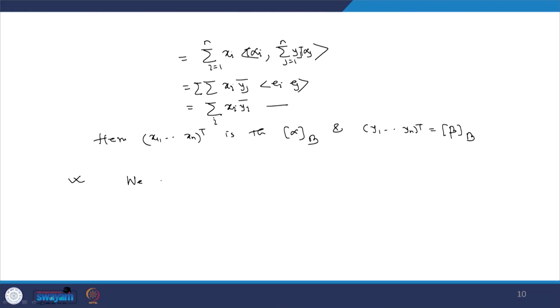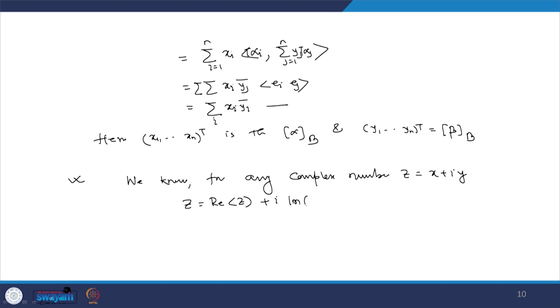We will talk more about this inner product in the next lectures, but before completing today's lecture, let me define one thing. We know for any complex number z equal to x plus iy, z equals the real part of z plus i times the imaginary part of z.